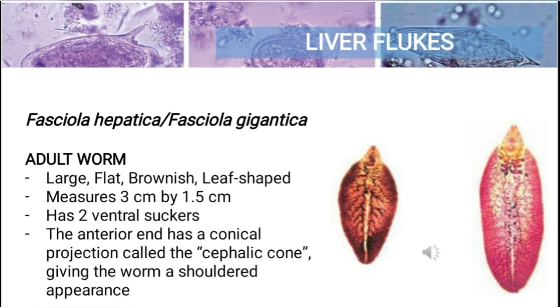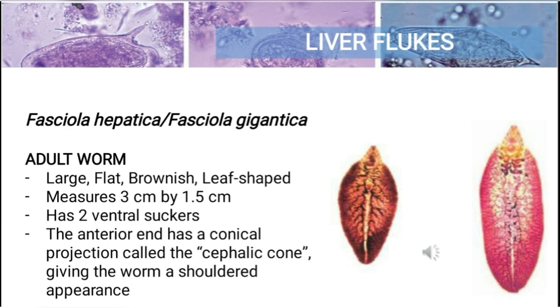Let us go first with the adult worms of our Fasciola hepatica and Fasciola gigantica. The adult worms are large, flat, brownish, and leaf-shaped, measuring 3 centimeters by 1.5 centimeters, in which Fasciola gigantica is longer than Fasciola hepatica, as you can see in the picture.